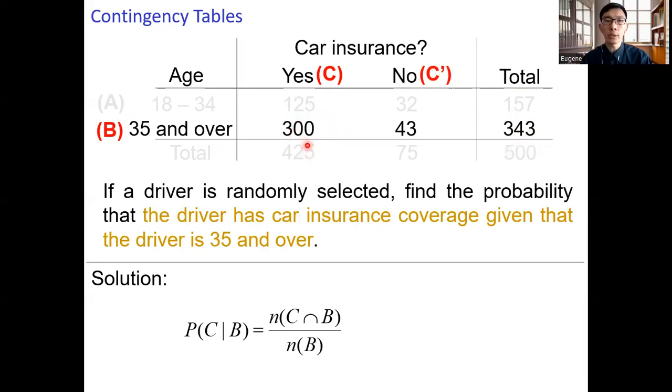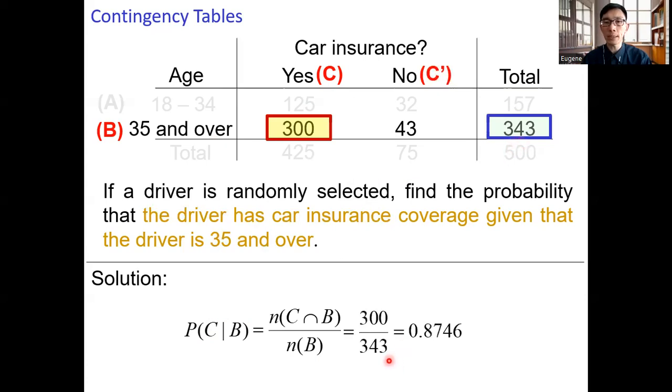So the result is the probability that the driver has car insurance coverage given that the driver is 35 and over. Directly with these two numbers, we get 300 divided by 343. And this is the desired probability asked in the question. And the probability of this is 0.8746.